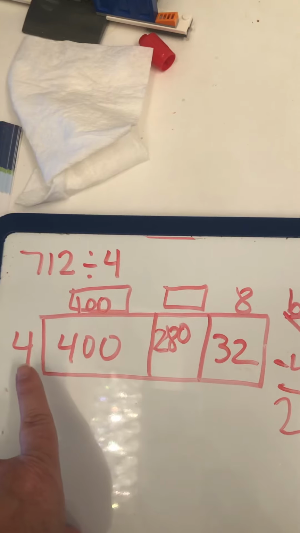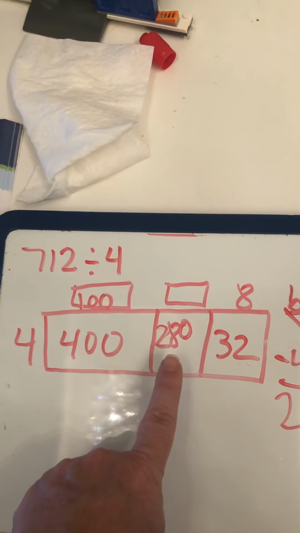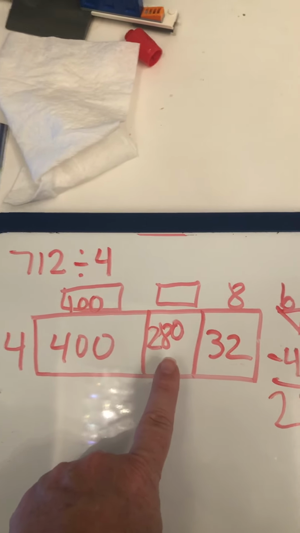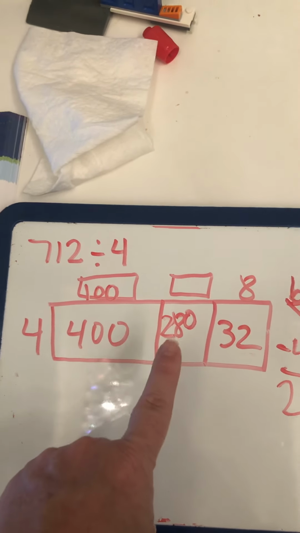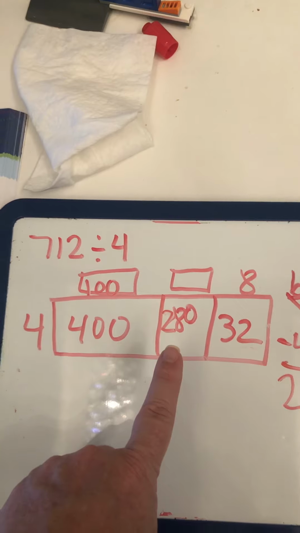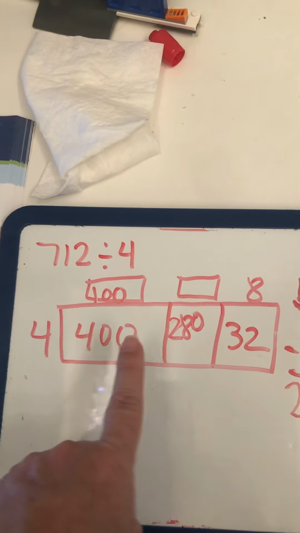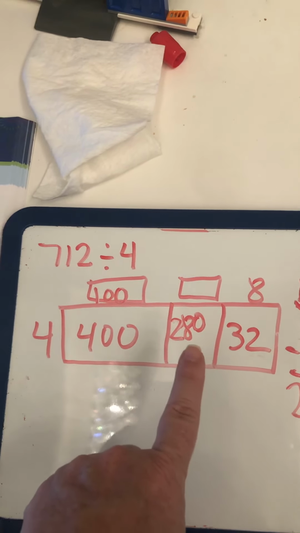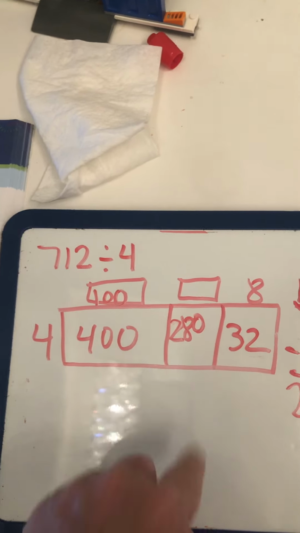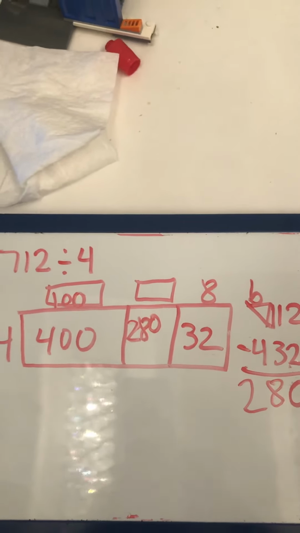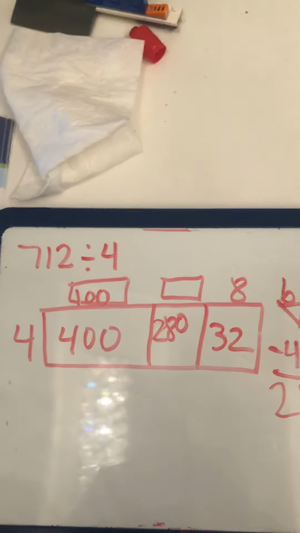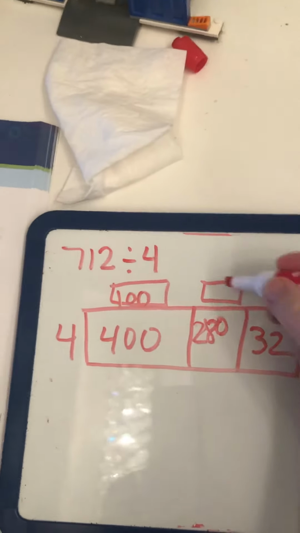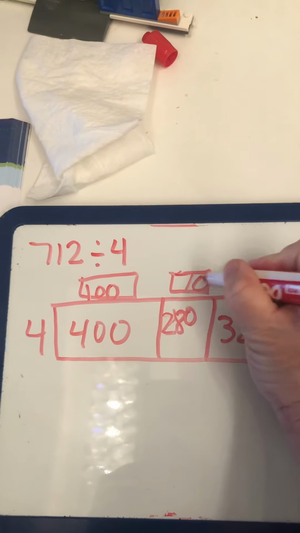So now we need to figure out 4 times what equals 280. Well, 4 times 7 equals 28. So that means 4 times 70 equals 280, right? We can do that little strategy we know where we can multiply. If we know that 4 times 7 is 28 and we have a 0, we can go ahead and just add that 0 onto the end.